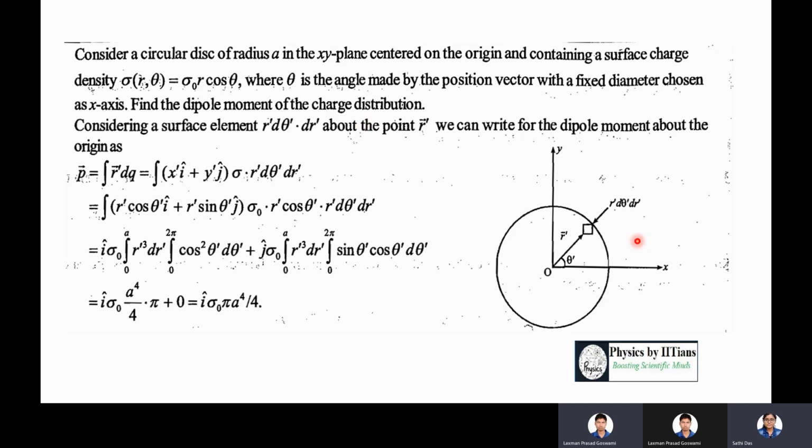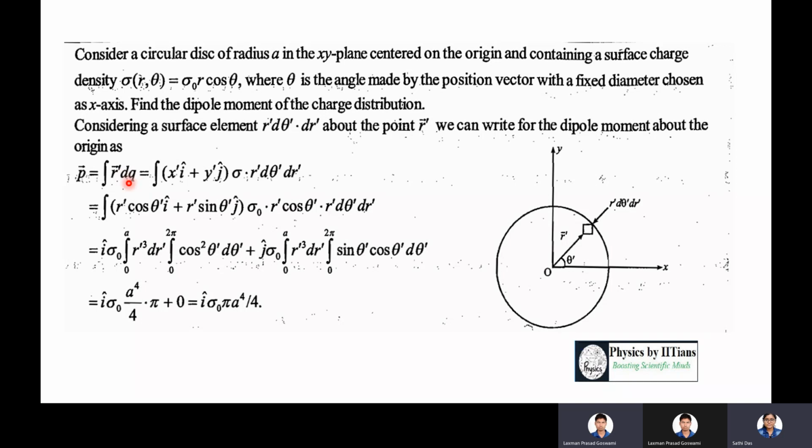So let us take some elementary charge distribution first, and this is a small element. The small element has a surface area of r prime dr prime d theta prime, and it is located at the point r prime from the origin, making an angle theta prime with respect to the x-axis. So we can write the dipole moment about the origin as P equals integration of r dq. Why integration? Because dq is continuously distributed.